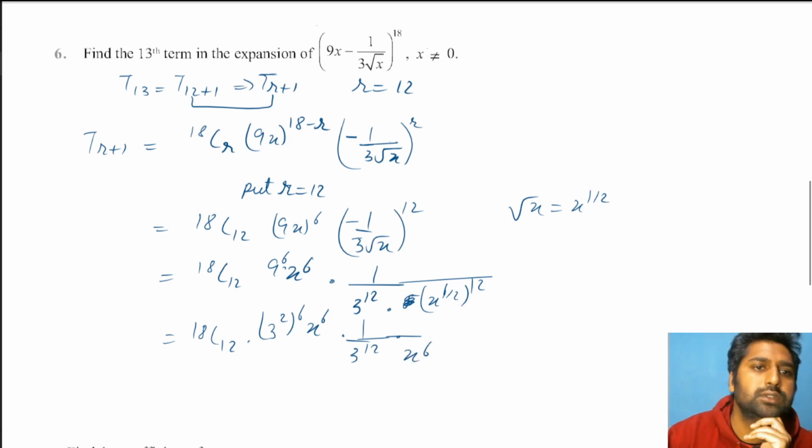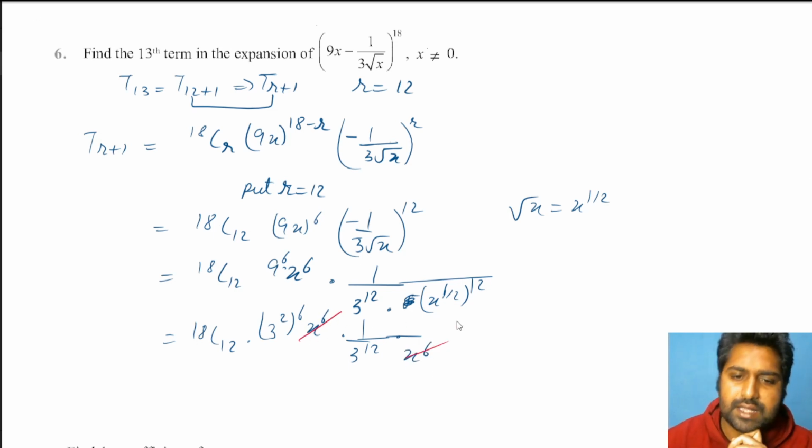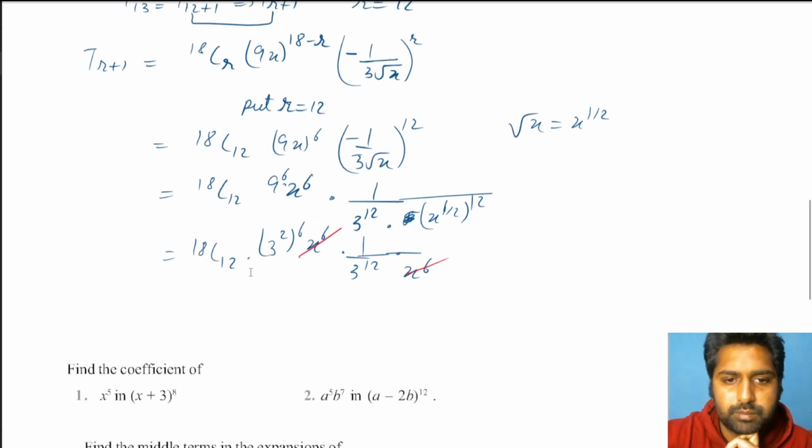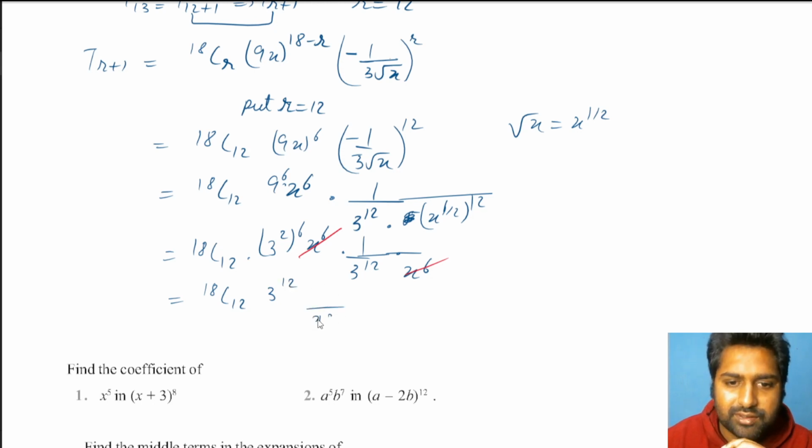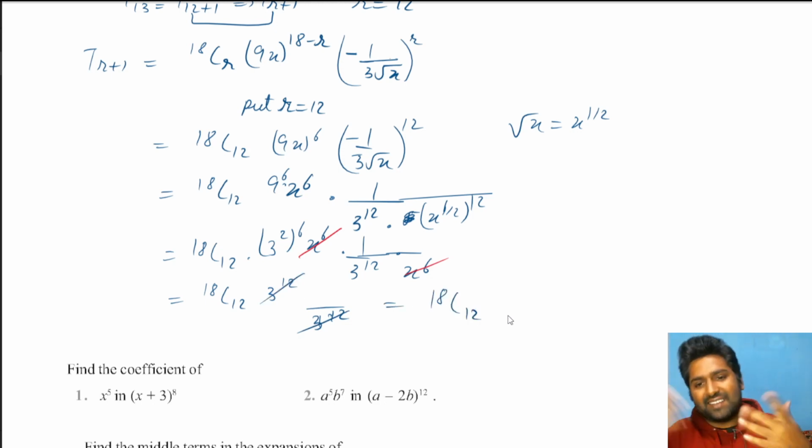Good, x raised to power 6 and x raised to power 6 cancel. This becomes 3 raised to power 12, and the denominator is also 3 raised to power 12, so that also cancels. So effectively your answer is 18C12. You may get this as an option, like 18C12.